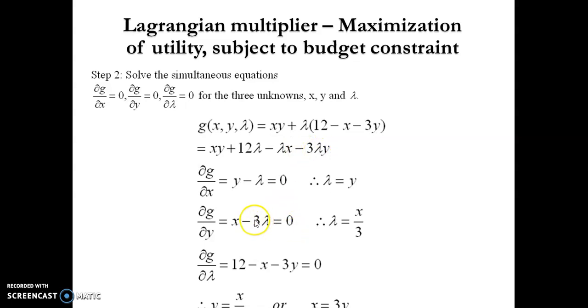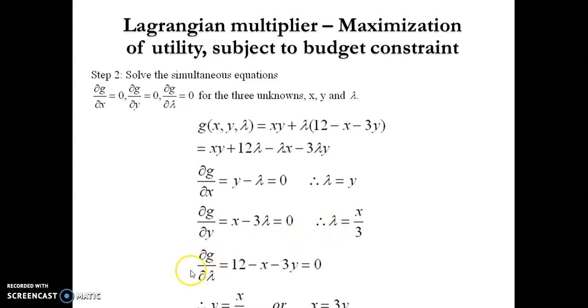Again, you can rearrange, making lambda the subject of the formula, because remember, you want to solve simultaneously in the next step. If I take that minus 3 lambda over, it would of course become positive. So it becomes x over 3 is equal to lambda.